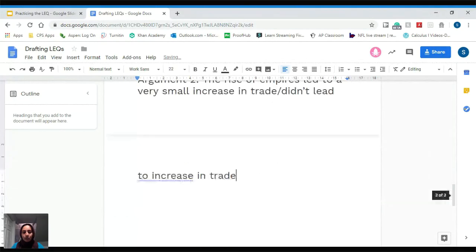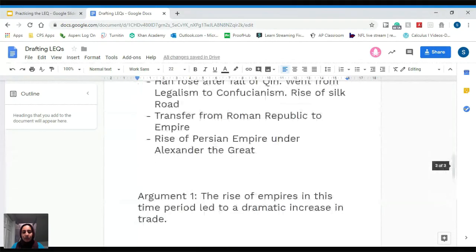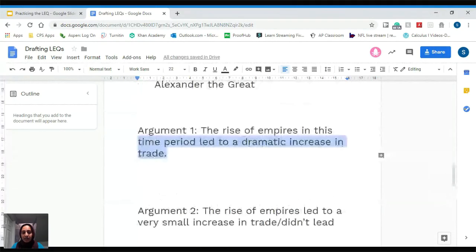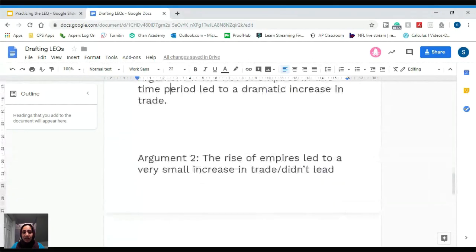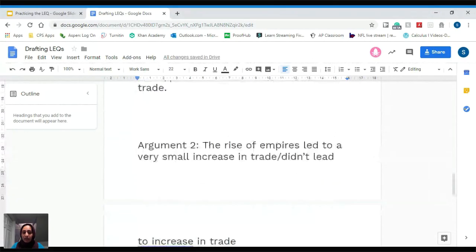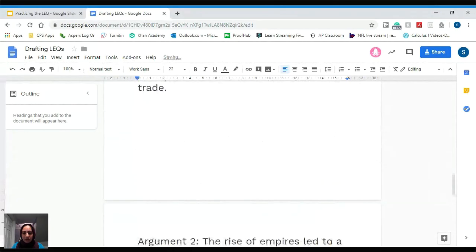Now these are our two arguments. I'm going to mainly focus on this one in my essay, but if you have time, I would definitely try and include a counter argument if you have one.